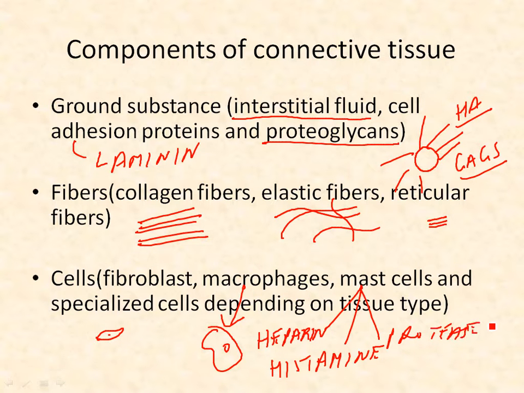And of course, there are other specialized cells depending on the tissue type. For example, the blood cell typically has RBC, WBC, and platelets. A bone cell will have, again, a unique cell type called the osteoblast or osteocyte. Something of interest is these specialized cells, when they are young, when they're immature, they have the suffix blast.